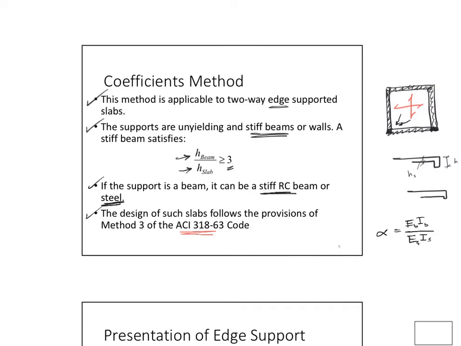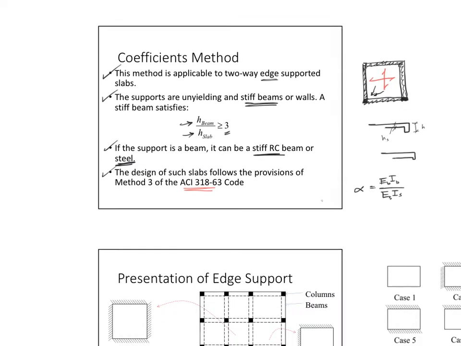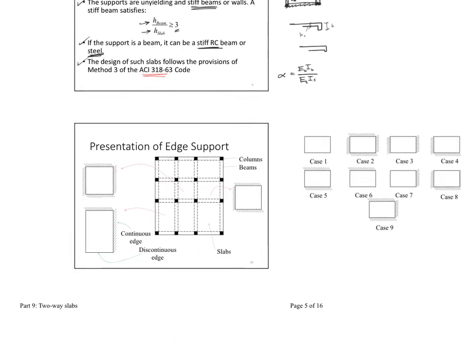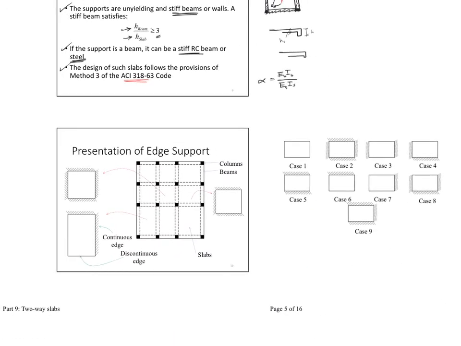Okay, so we can still use this nice relationship between two different materials. In this case, we don't have to only count on h over h. We then involve the modulus of elasticity and the I, which is the moment of inertia for both sections.